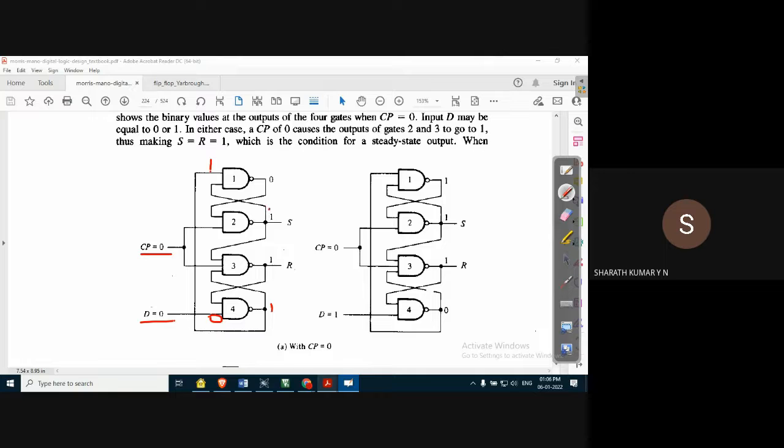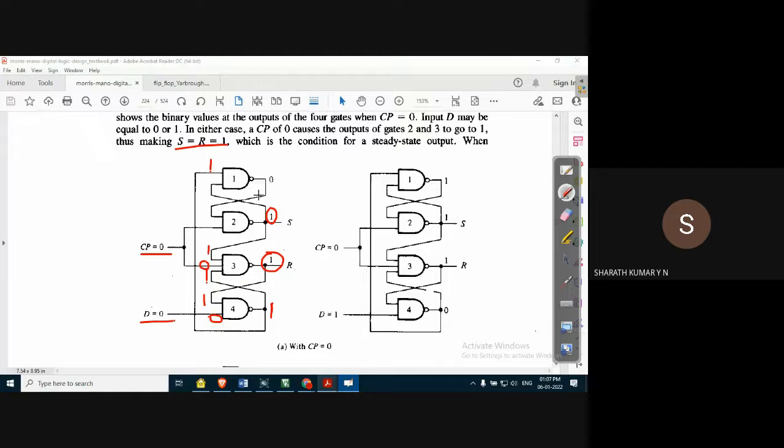Initially it is assumed, because without assumption it is not possible to solve the gates. Because of the cross feedback, the output of this is 1, and this input is 1, clock is 0, and this input is 1, so the output of the third NAND gate is 1.